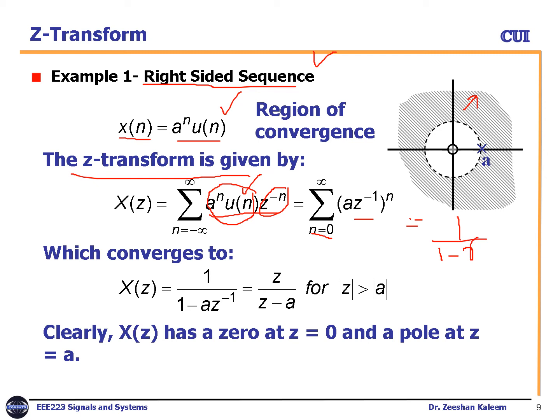Here r is a z^{-1}, so just replace r with a z^{-1}. So you get X(z) equals 1 over 1 minus a z^{-1}.